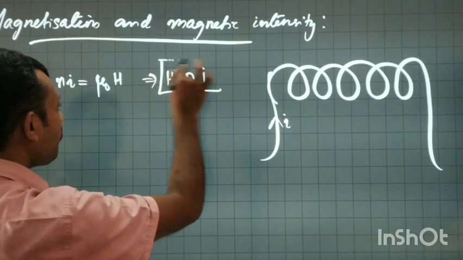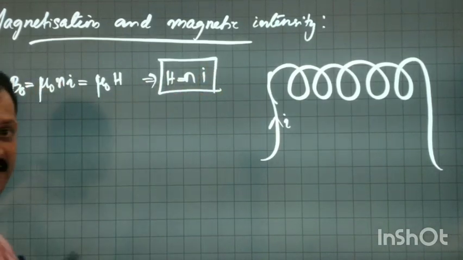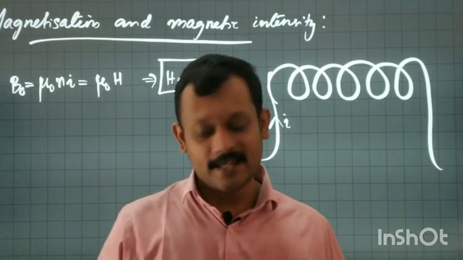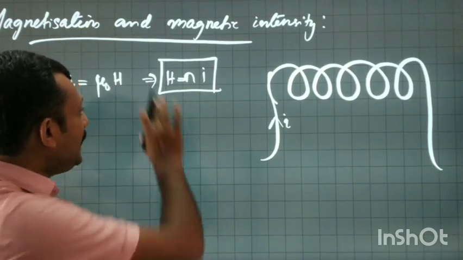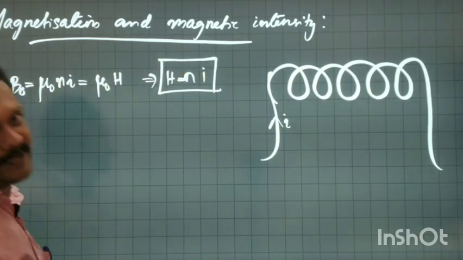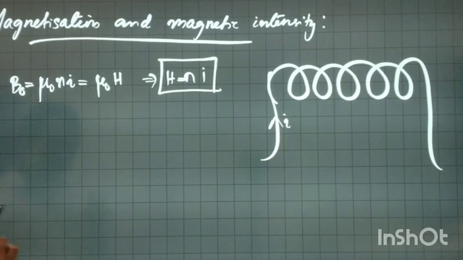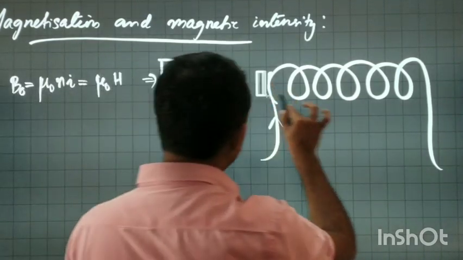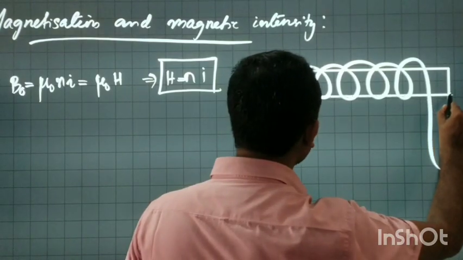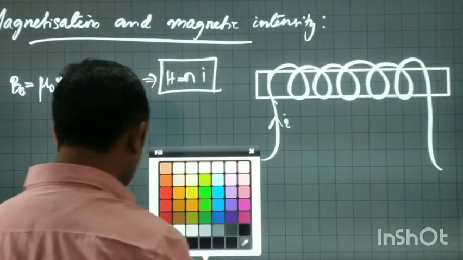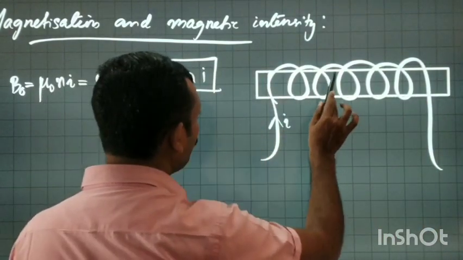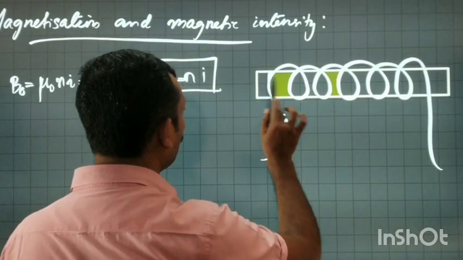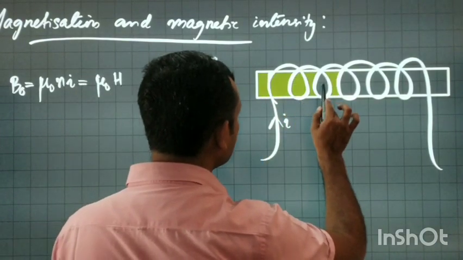This is the cause of magnetization. N and I are the cause of magnetization, so we call it the magnetizing field. In the next step, I will insert an iron core which completely occupies the space of the coil.